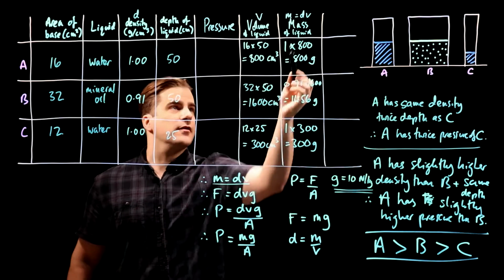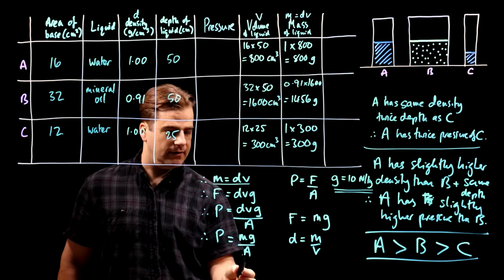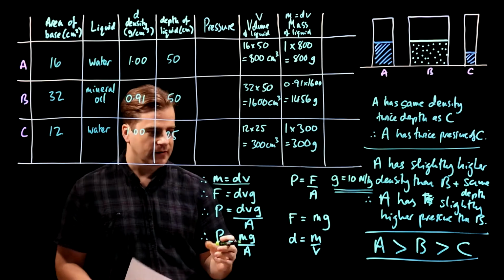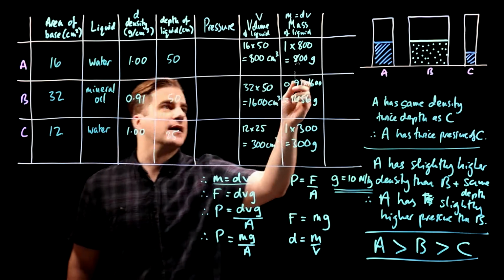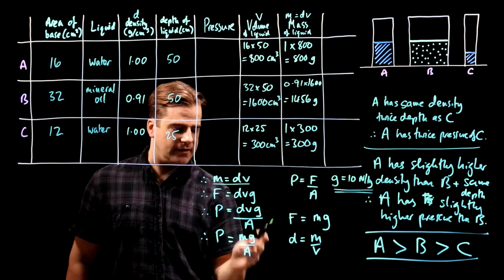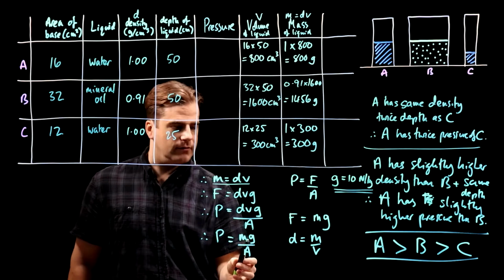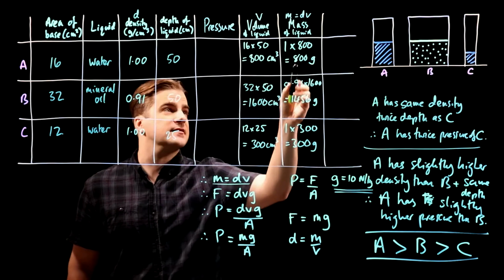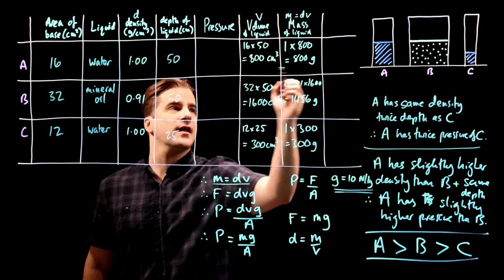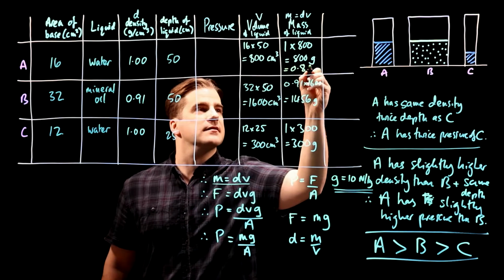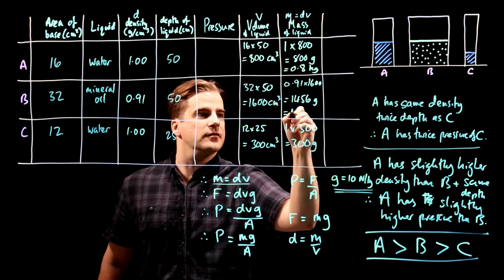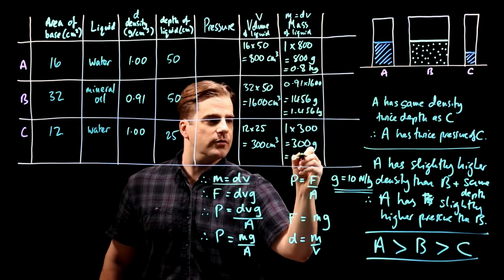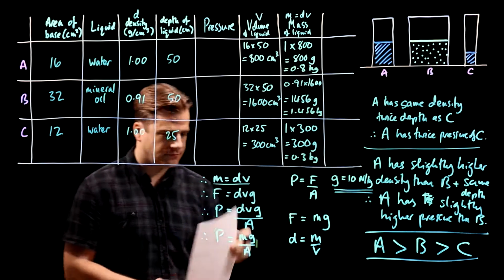Right, so we've got the mass, we've got G, we've got the area, we can work out the pressure, finally. So, mg over A. Now, let's get the units right. G is newtons per kilogram, so we need to have the mass in kilograms, okay? So that's 0.8 kilograms, that is 1.456 kilograms, and that is 0.3 kilograms.